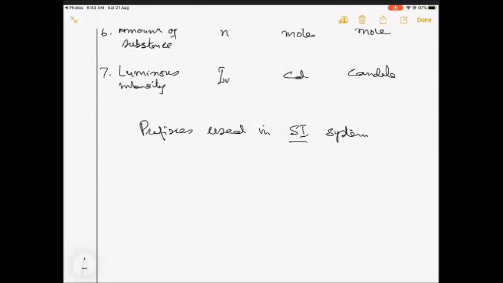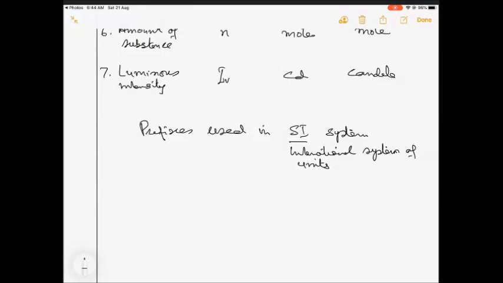So it is International System of Units. It is otherwise a French term, which means Le Système International d'Unités. If you want to write, really know where this term has come from.